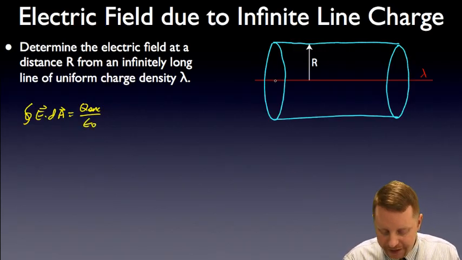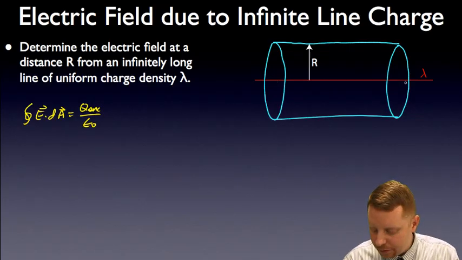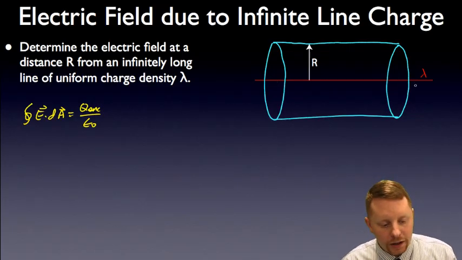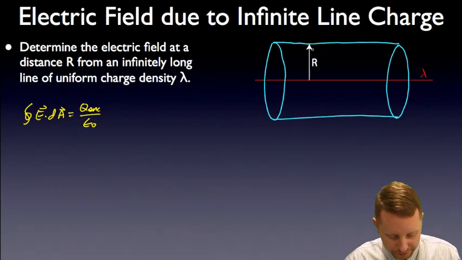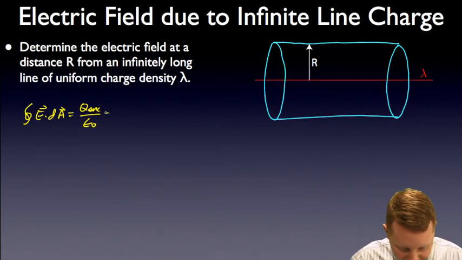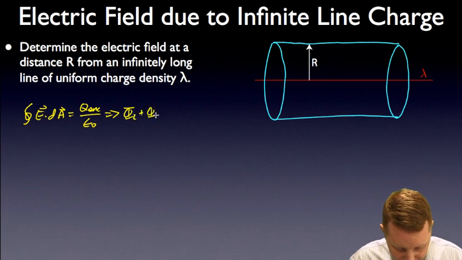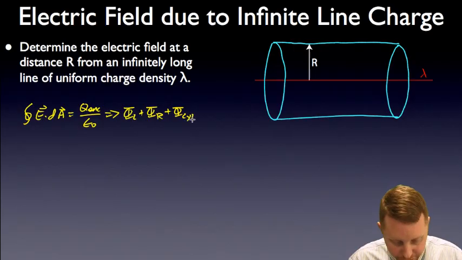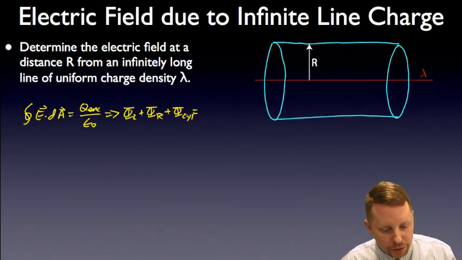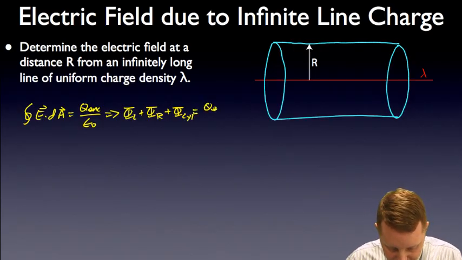We'll call the flux through the left-hand side phi L, the flux through the right-hand side phi R, and the flux through the cylinder part phi cylinder. So the left-hand side becomes the flux through the left plus the flux through the right plus the flux through the cylinder must equal the enclosed charge divided by epsilon naught.